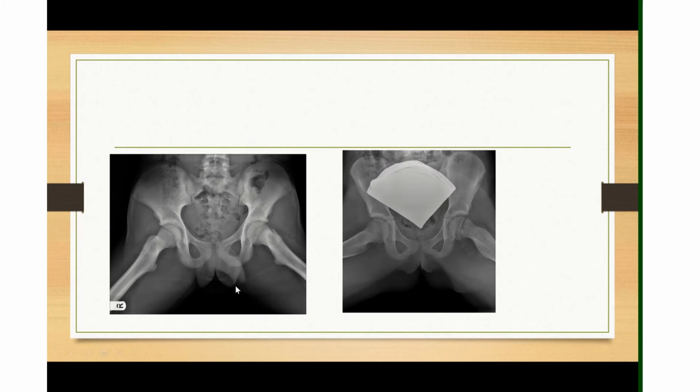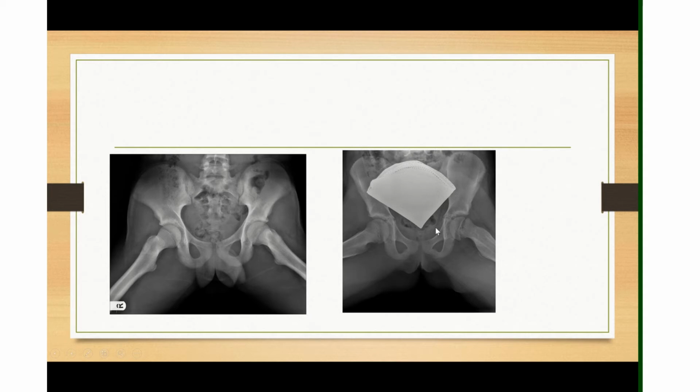Now, in the first figure, you see the relation of the epiphysis with respect to the acetabulum. Here, it is well located, that means it is located within the acetabulum. Now, look at the relation of the epiphysis with respect to the metaphysis. On both sides, it is normal, and this view is the frog leg lateral view.